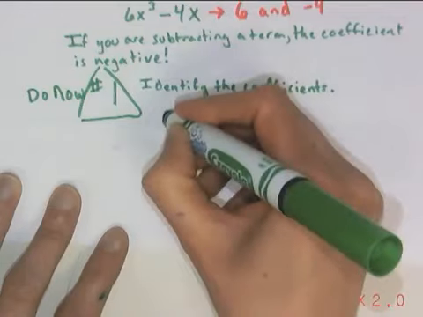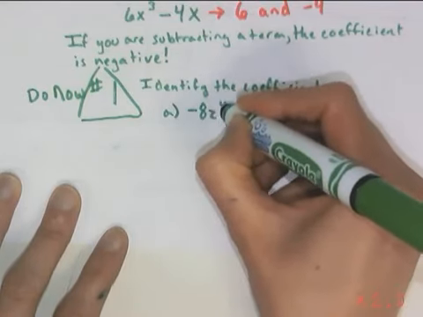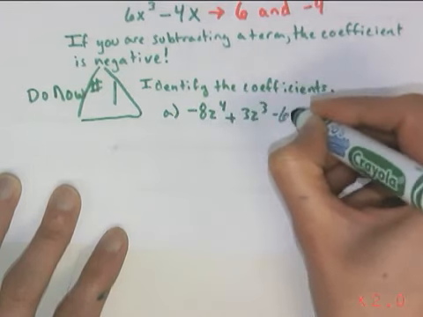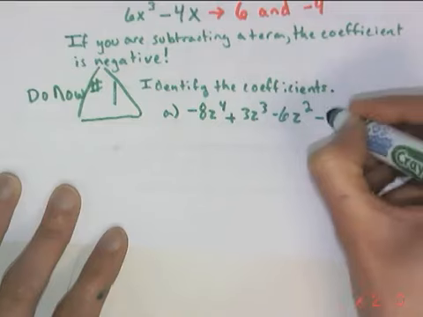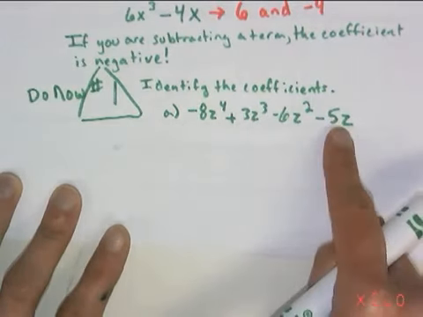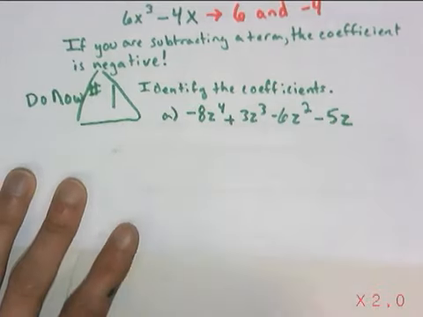And your expression is negative 8 times z to the 4th power plus 3z cubed minus 6z squared minus 5z. So you have 1, 2, 3, 4 terms, and I would like you to tell me what the coefficient of each of the terms is.